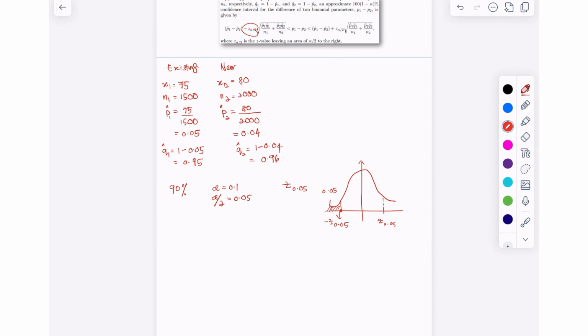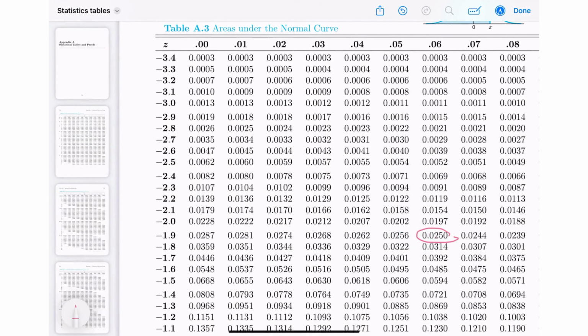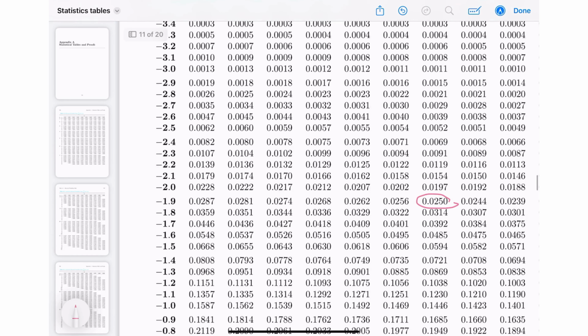Okay, we check the Z table for where 0.05 is located. Since you want to check the area inside the table, it is in between these two values.